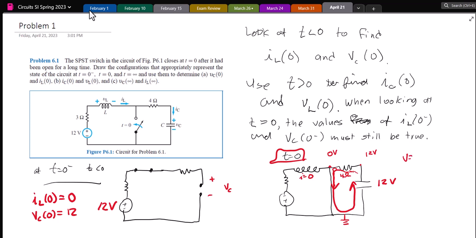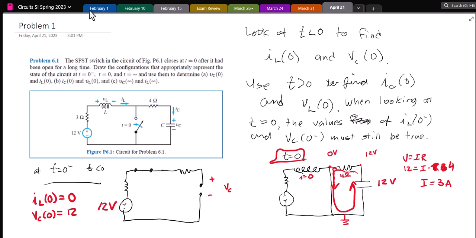And then if I write V equals IR, and I'm looking at our resistor right here, the voltage is 12, and our resistance is 3, or 4. And so I have I equals 3 amps. But I need to be careful about the current that I solved for. I solved for the current through the resistor.